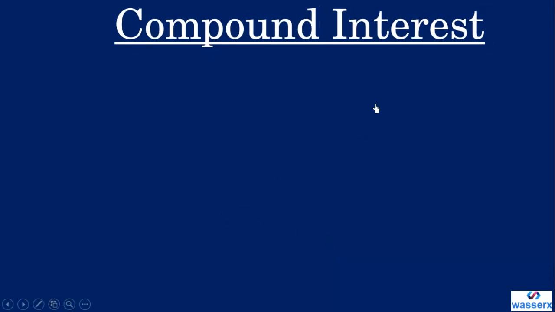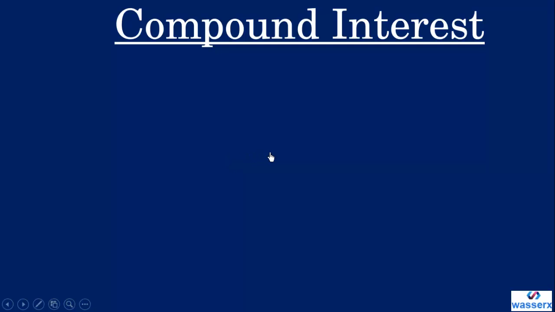Now we also have another form of interest known as the compound interest. This one, we calculate the interest and add it to the principal. So for the next year, the interest will be calculated on the amount at the beginning of that current year.